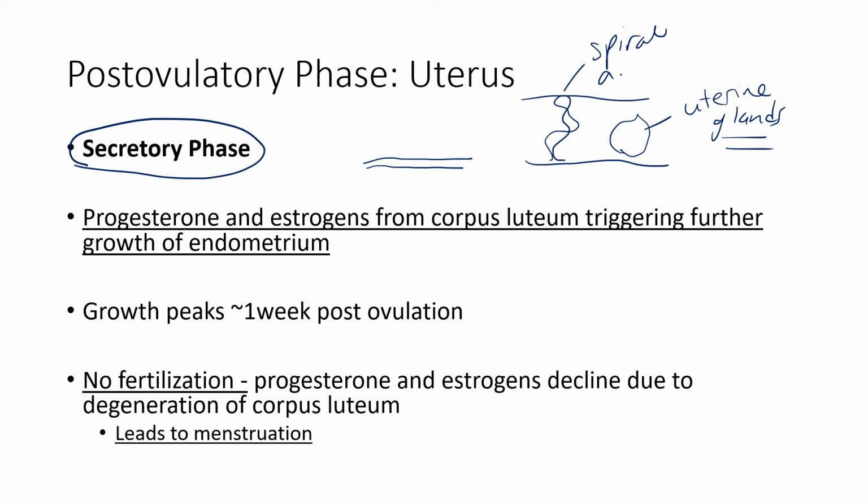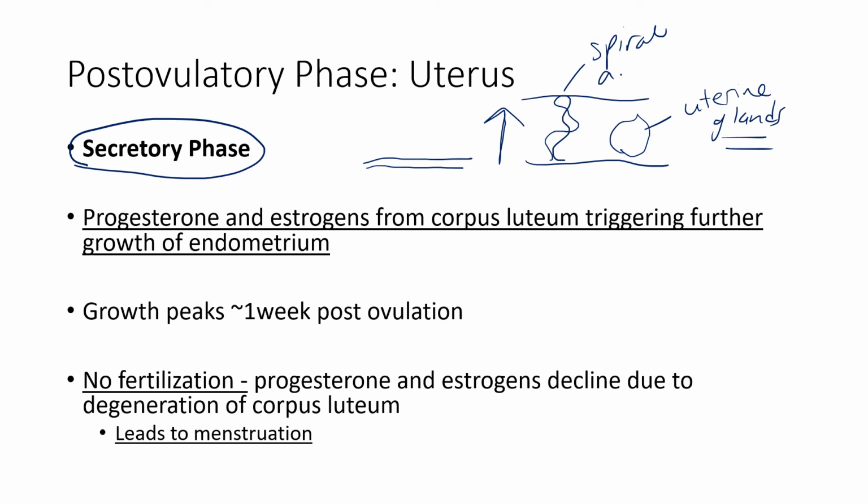So during this time, we're going to get a signal from the corpus luteum that, hey, keep on doing what you're doing. Make those spiral arteries, make those uterine glands, keep thickening that uterus layer. There could be a zygote on the way. But if there is no implantation, then the uterus does not send that signal, that human chorionic gonadotropin. It does not get sent back to the ovary.